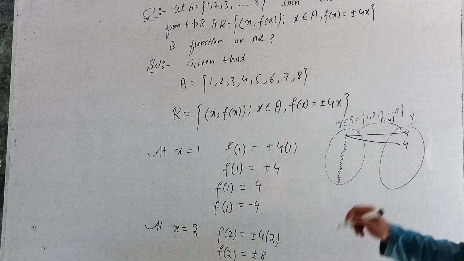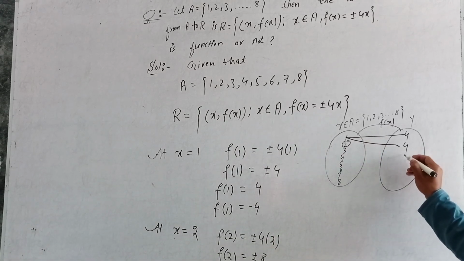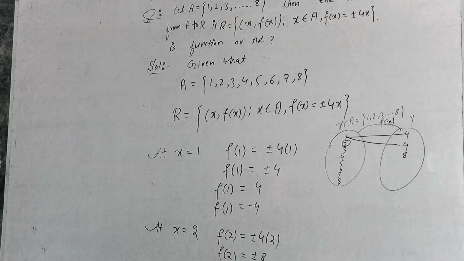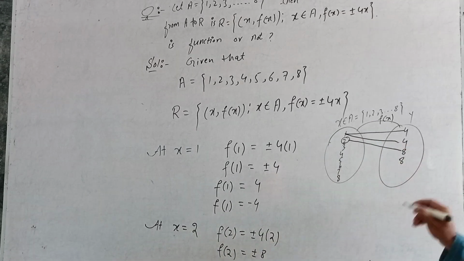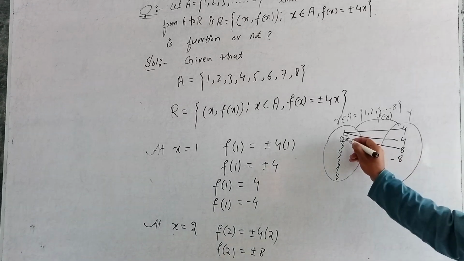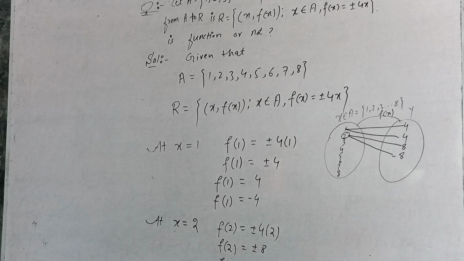Similarly, at x is equal to 2, there exist two values of y, plus 8 and minus 8. At x is equal to 2, plus 8, and at x is equal to 2, minus 8.